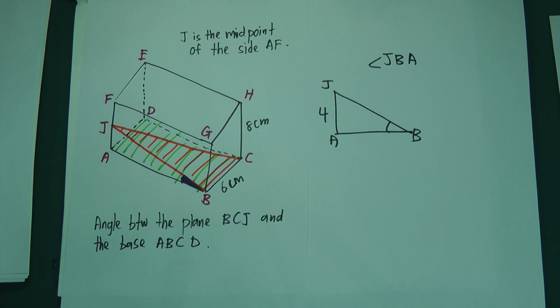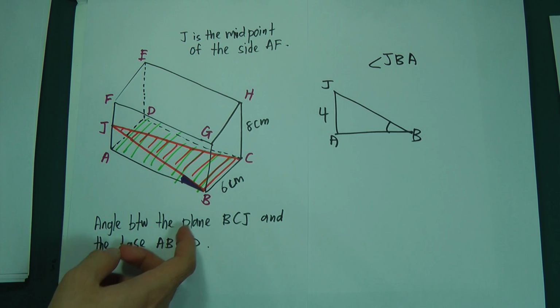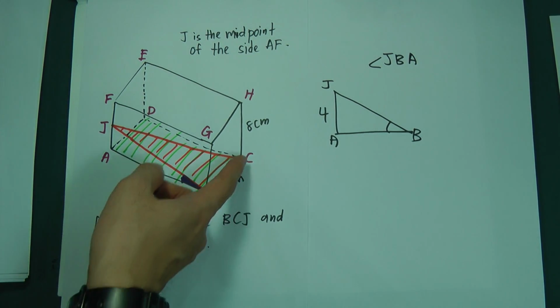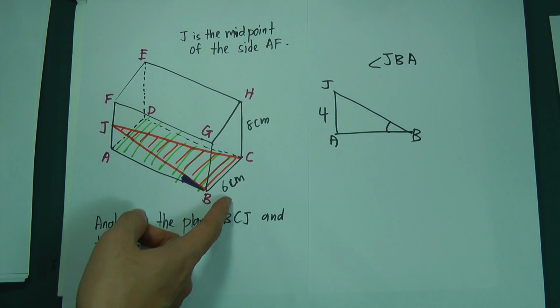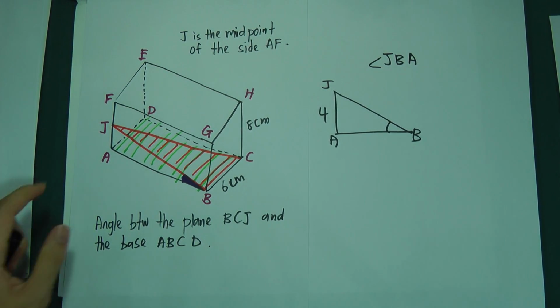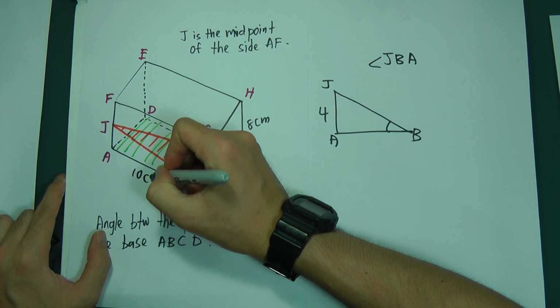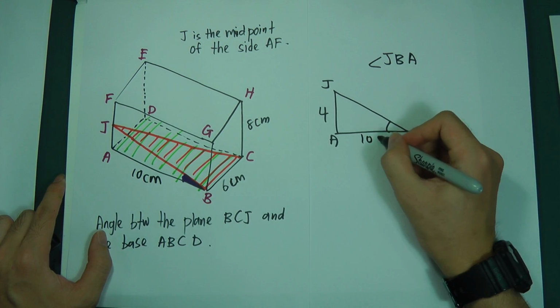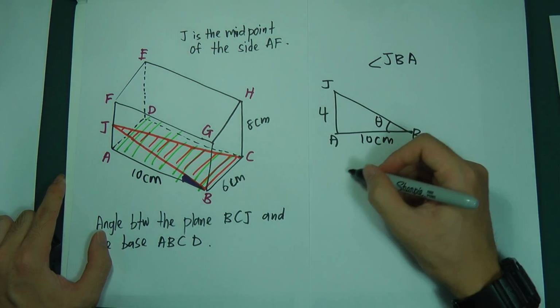Then he will give you some information over here. This one is 6 centimeters, but it doesn't help me to find the angle. I forgot to write, actually he tells us here is 10 centimeters. Then we can use tangent.